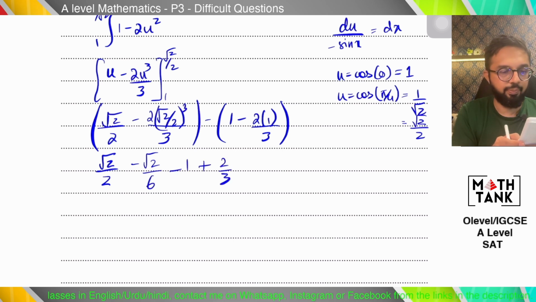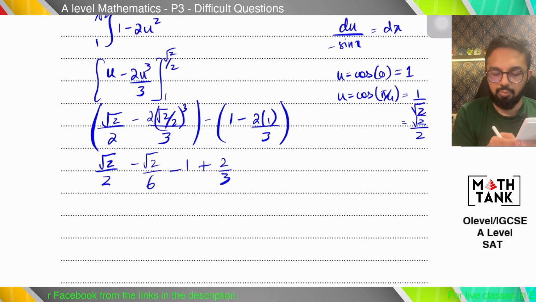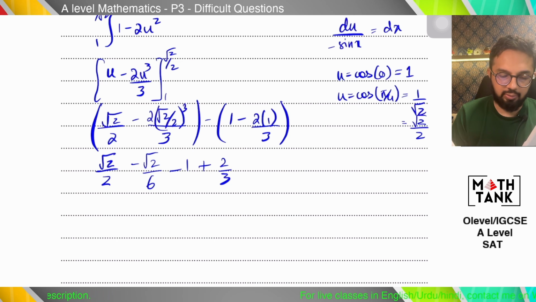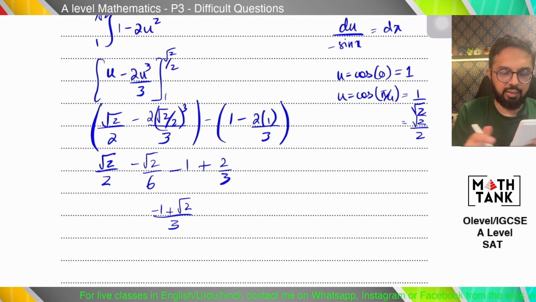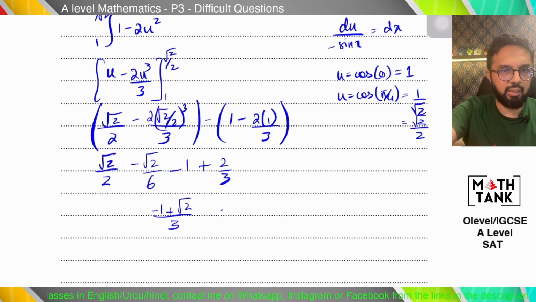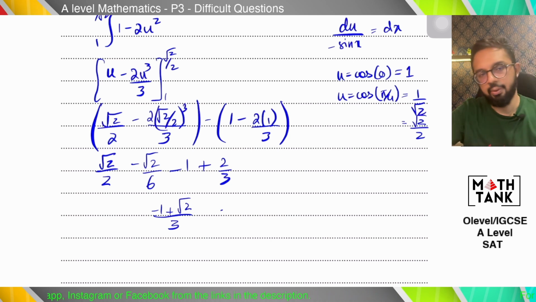So plus root 2 over 2 minus 1 plus 2 over 3. I'm getting minus 1 plus root 2 over 3. And that in decimals, I don't want to get decimals. So let's see if I got the correct answer. Root 2 minus 1 over 3. Yep, that's the correct answer.